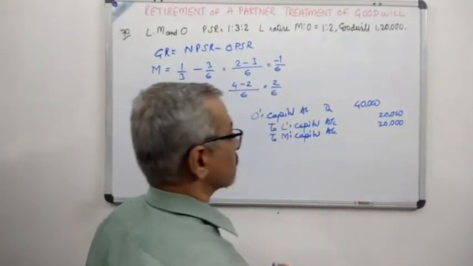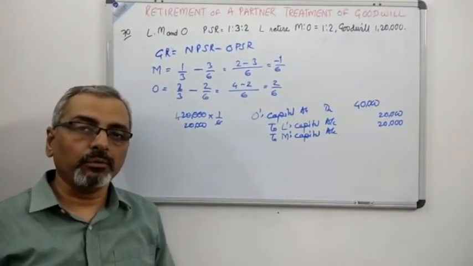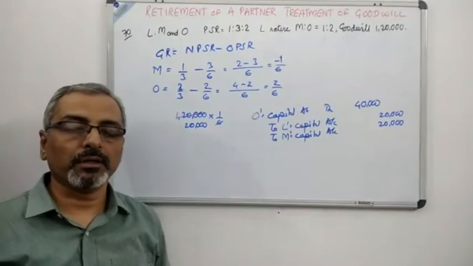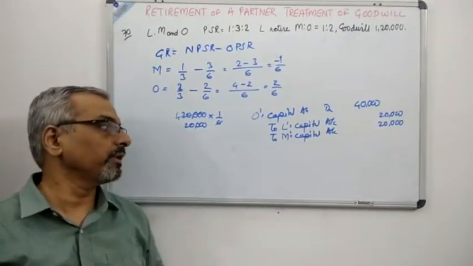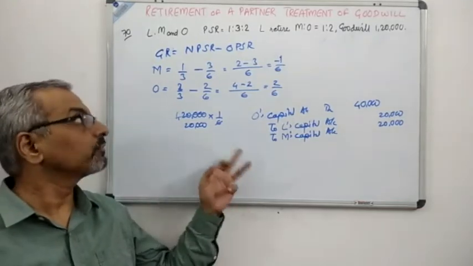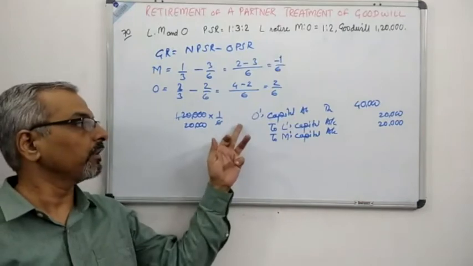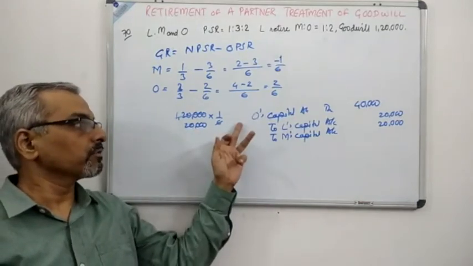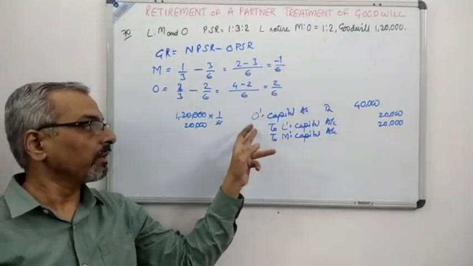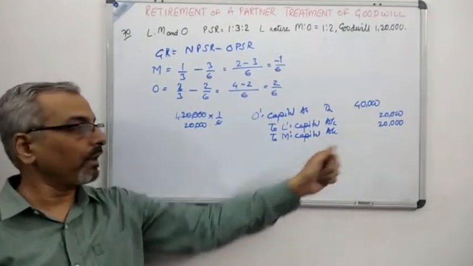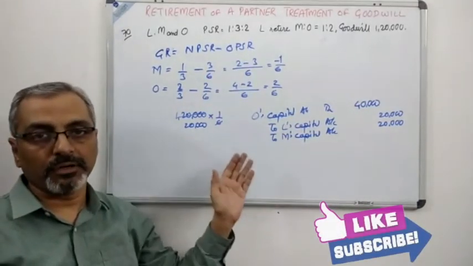In this case, after calculating the gaining ratio, we found that one of the continuing partners was not gaining, rather was sacrificing and was benefited by the retirement of L. You can see the journal entry: O's capital is gaining 2 by 6, and to L's capital, the retiring partner, and to M's capital, the continuing partner who is sacrificing.